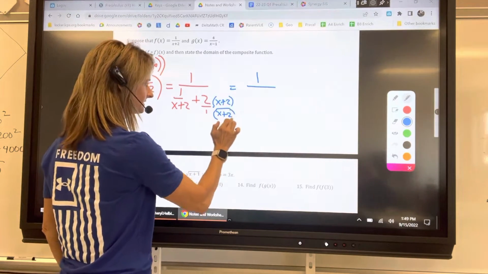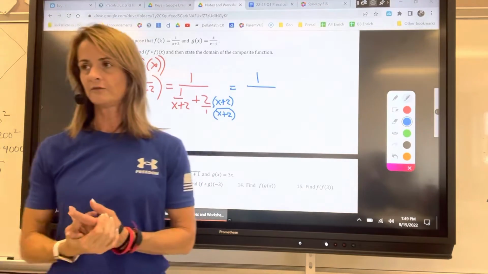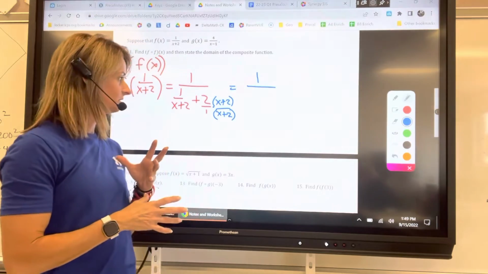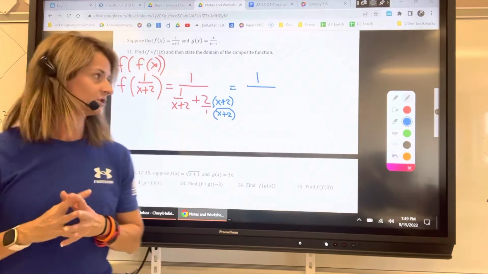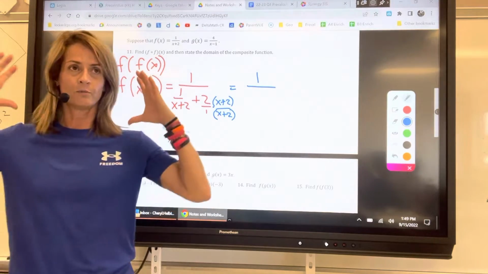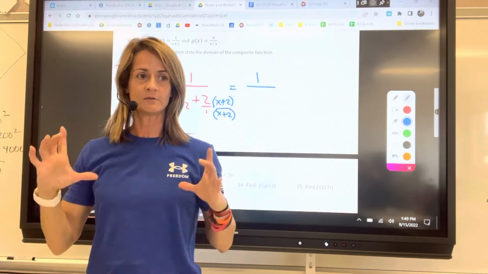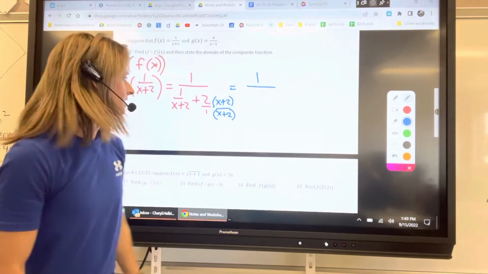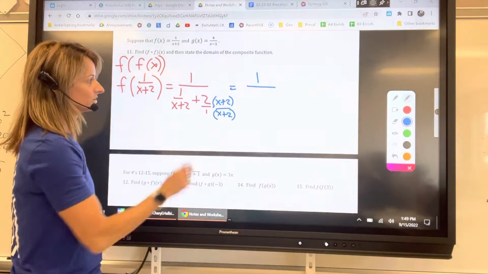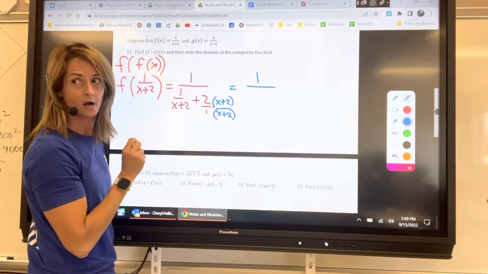They never put parentheses around the numerator and the denominator of fractions, but you need to get used to them being there, especially for calculus next year. Teachers complain about that all the time. You've got to know that there is a parentheses around the numerator and a parentheses around the denominator of every fraction. So this is 2 times the quantity x plus 2, which is going to be 2x plus 4.